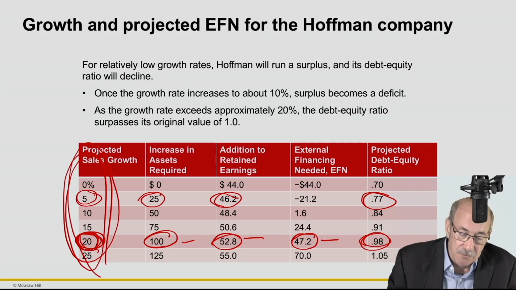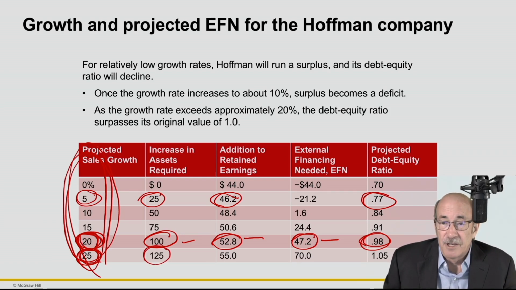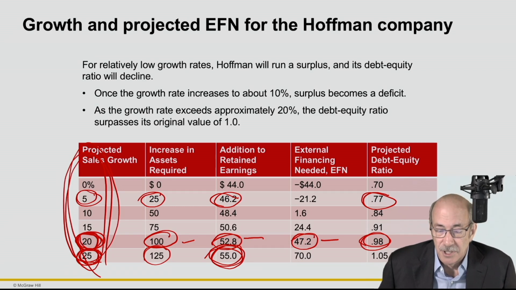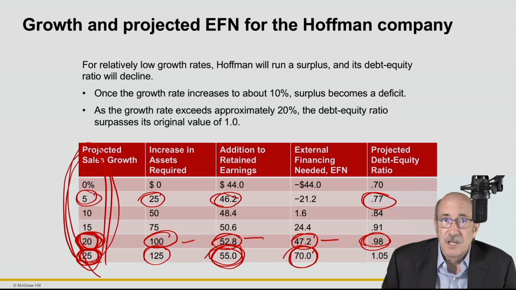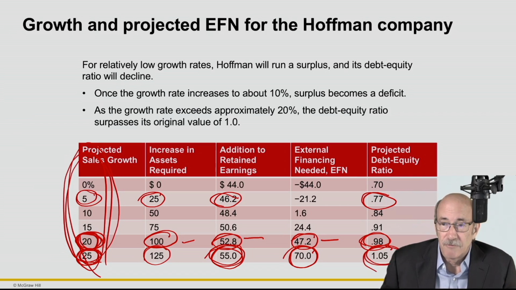If the rate of growth in sales was higher, if it was 25%, that would require an additional 125 in assets. 55 would be the contribution from retained earnings, leaving us with a $70 need for external financing. And if we did that all with debt, that would raise our debt to equity ratio a little above 1.05.